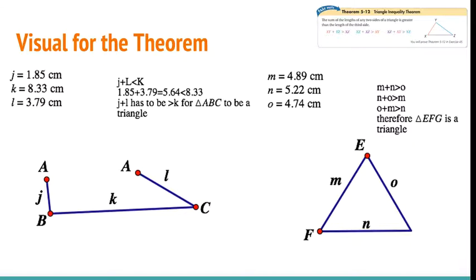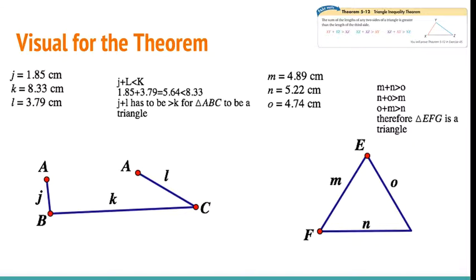The first triangle, triangle ABC, we can tell is not a triangle because when you add up sides J and L together, they equal 5.64 centimeters, which is smaller than side K's 8.33 centimeters, because the triangle inequality theorem states that J plus L must be greater than K. Triangle ABC is not a triangle.